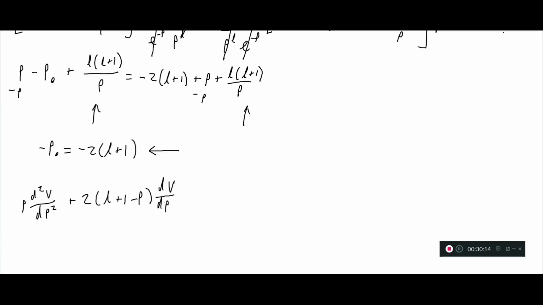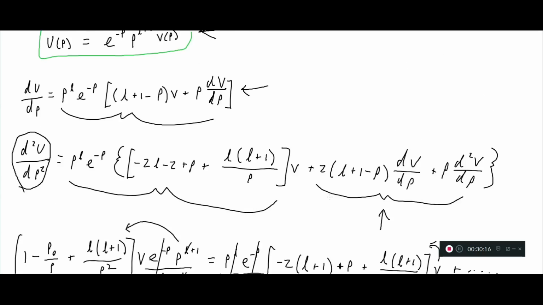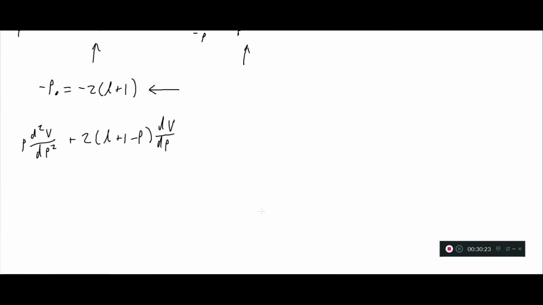And that's all the stuff that I was leaving off. So all this stuff right here. But then now all the stuff that I was just working on. So that's plus, we'll do a square bracket here, rho naught minus 2 L plus 1, and then that is V equals 0.